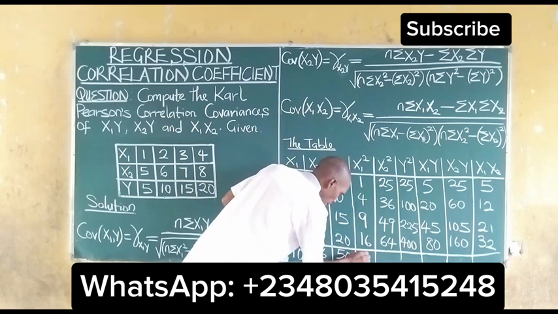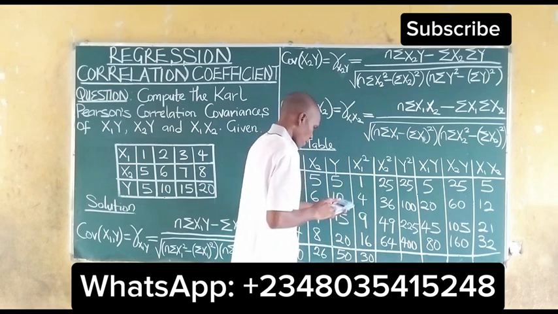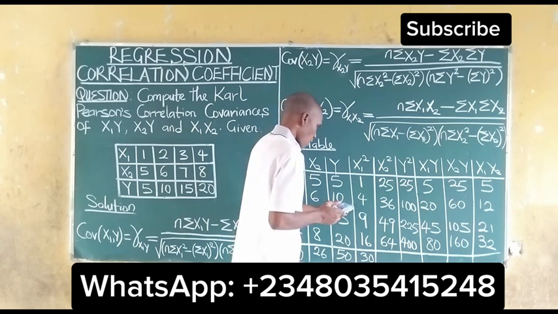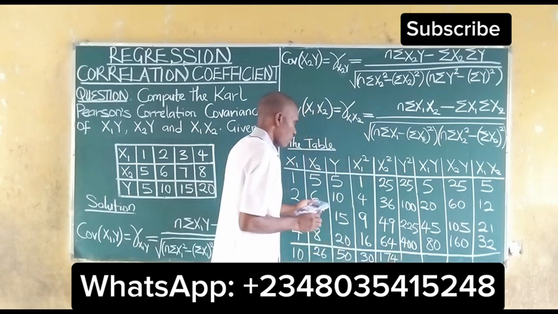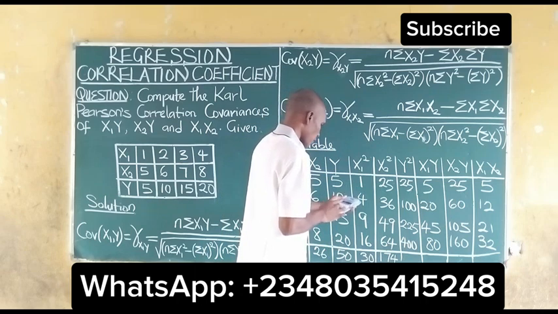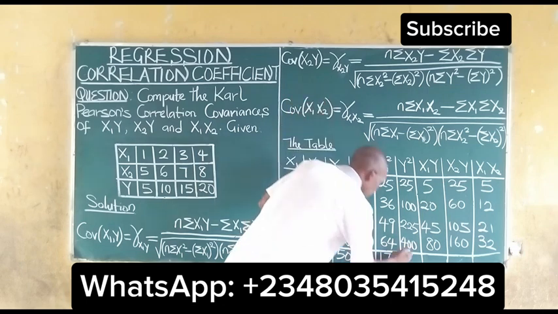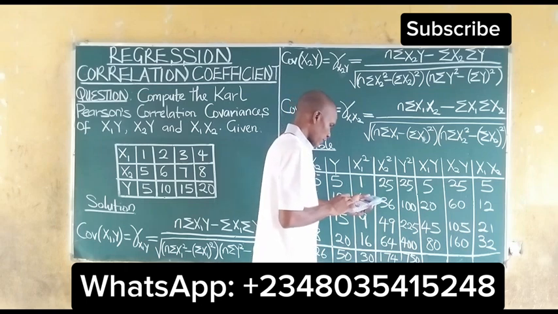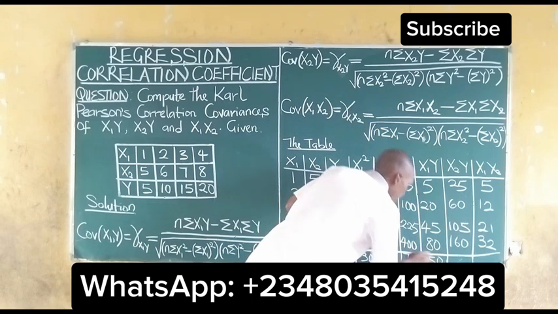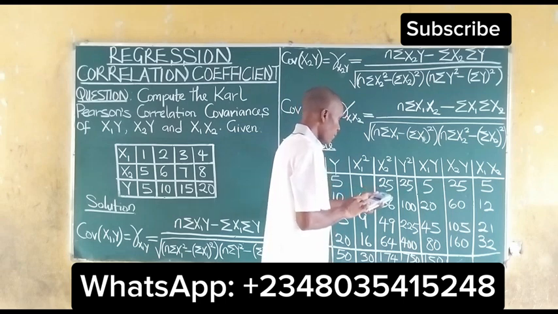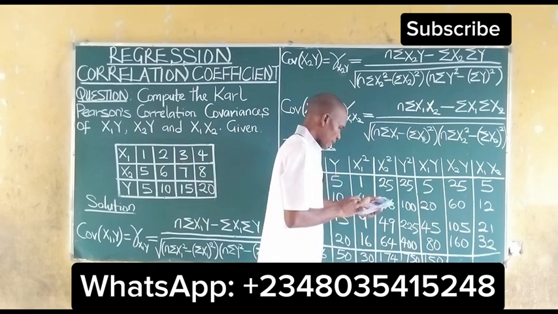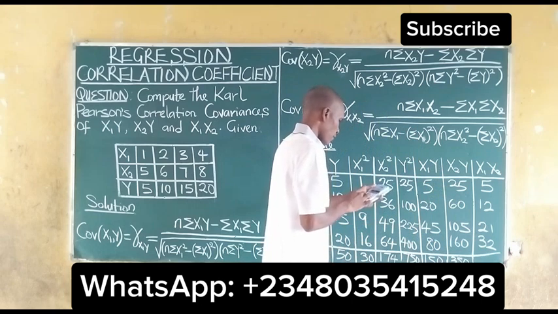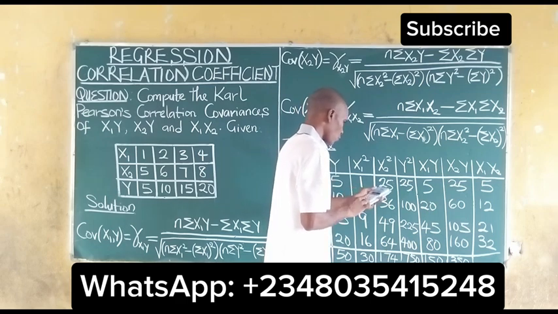For x1 squared it is 30. 25 plus 36 plus 49 plus 64 is 174. 25 plus 100 plus 225 plus 400 is 750. 5 plus 20 plus 45 plus 80 is 150. 25 plus 60 plus 105 plus 160 is 350. 5 plus 12 plus 21 plus 32 is 70.